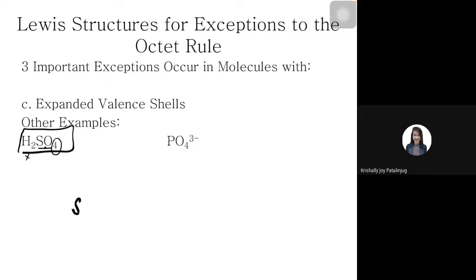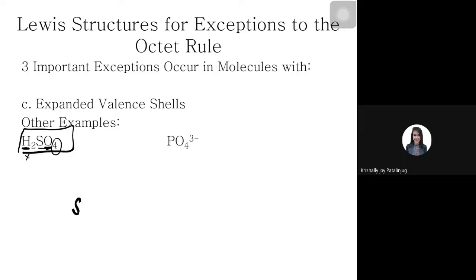Kasi this time may oxygen as the surrounding, meron ding hydrogen as the surrounding. So, kumbaga dalawang klase ng atoms surrounding sila. How will you decide kung directly attached ba sila sa central atom or they are not directly attached? So, this is how we will do it. You have to decide based on the electronegativity property nila.